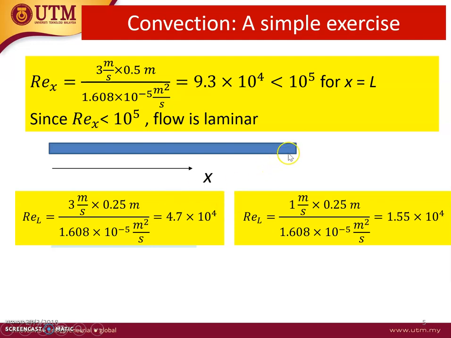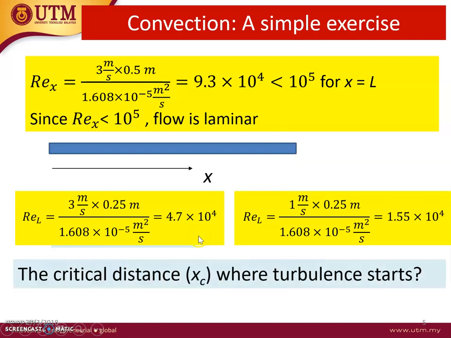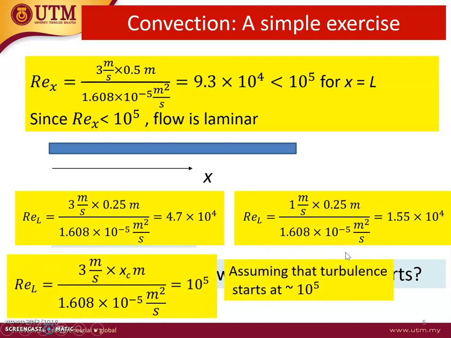Now, in the case when the plate is longer than 50 centimeter, let's say 1 meter, and you would like to know if the flow becomes turbulent at all along the plate, then you have to determine the critical distance, xc, where turbulence starts.